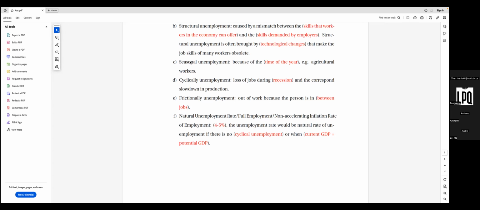In the next chapter, notes number 2, we will repeat this in greater detail and tell you what a business cycle is. But for this moment, just remember cyclical unemployment happens during an economic recession. The overall economy is bad, so you lose your job.